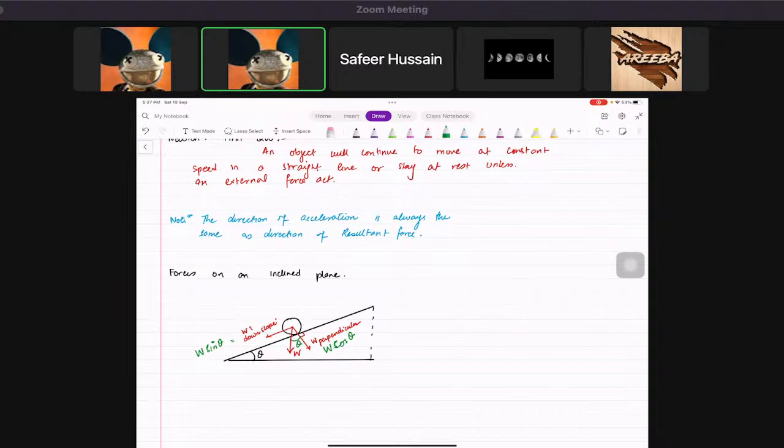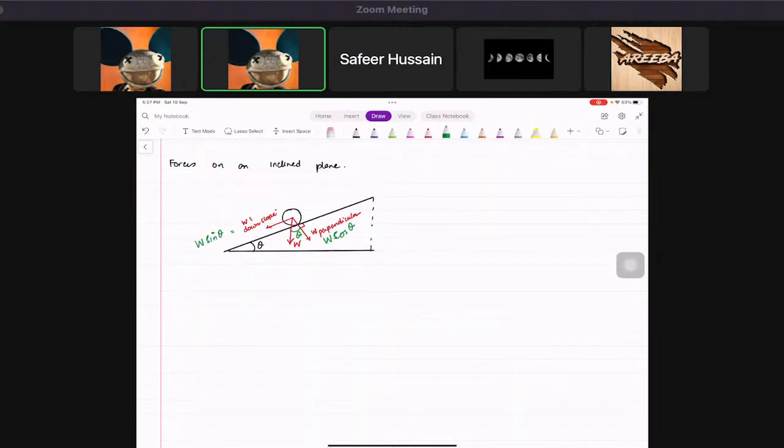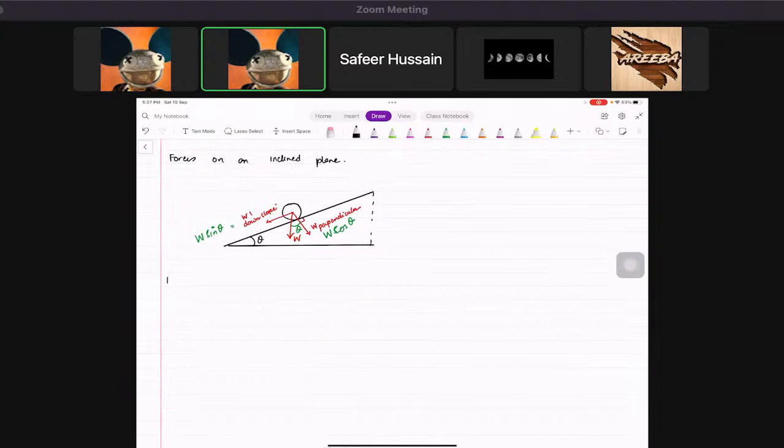All right, now let's try and do an example that will help us understand inclined planes.